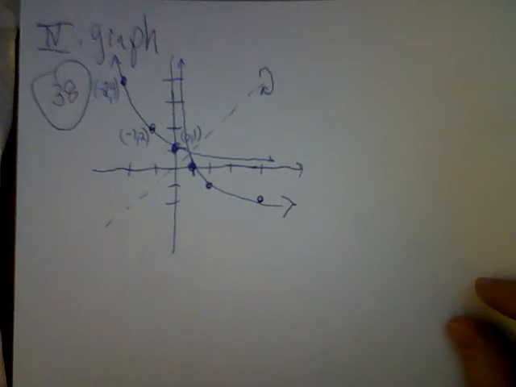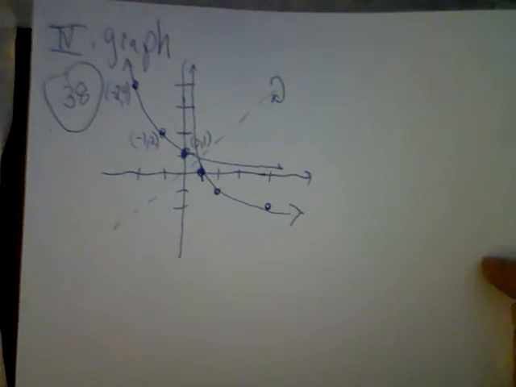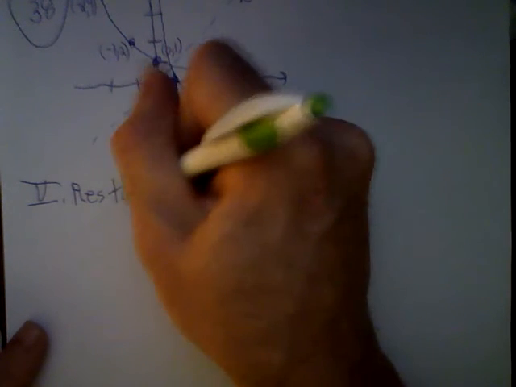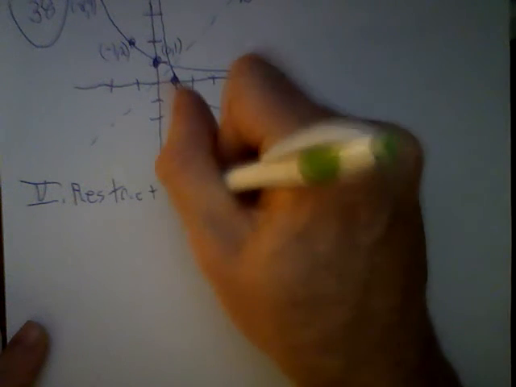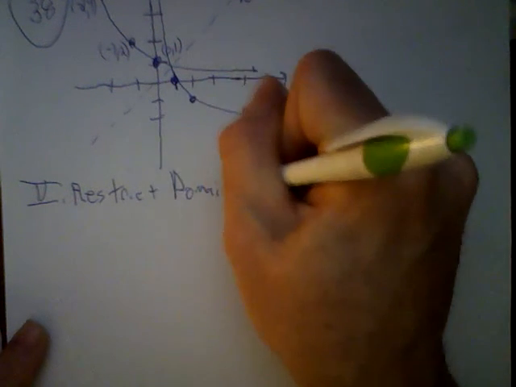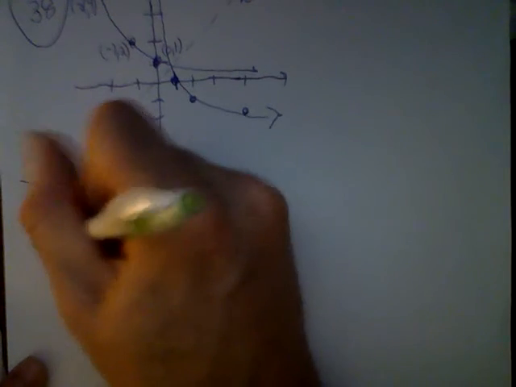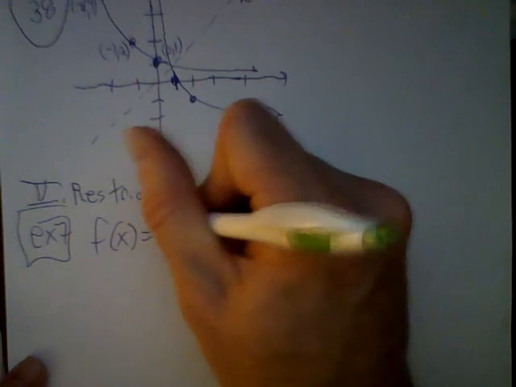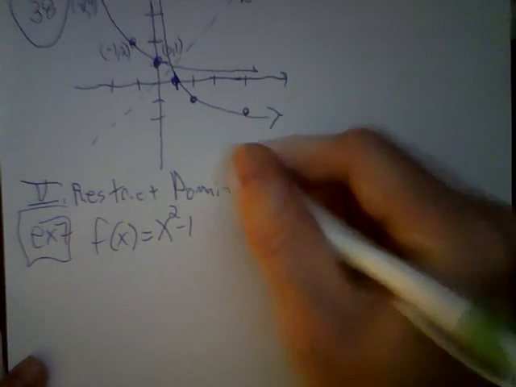Okay, so anyways, if you do have a problem with the horizontal line test, you can always do a restriction. So section 5, restrict domains to make them one-to-one. So example 7, we see that quadratic we were working with earlier.